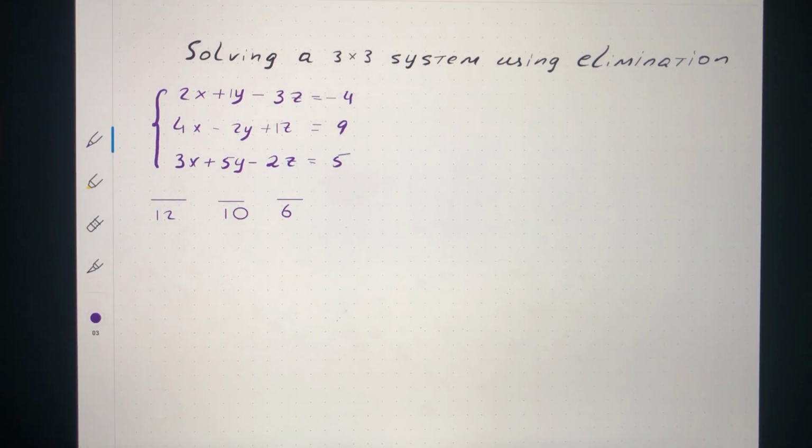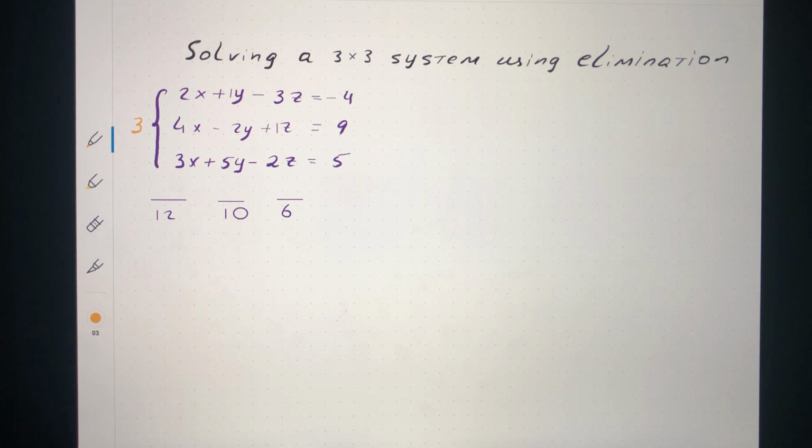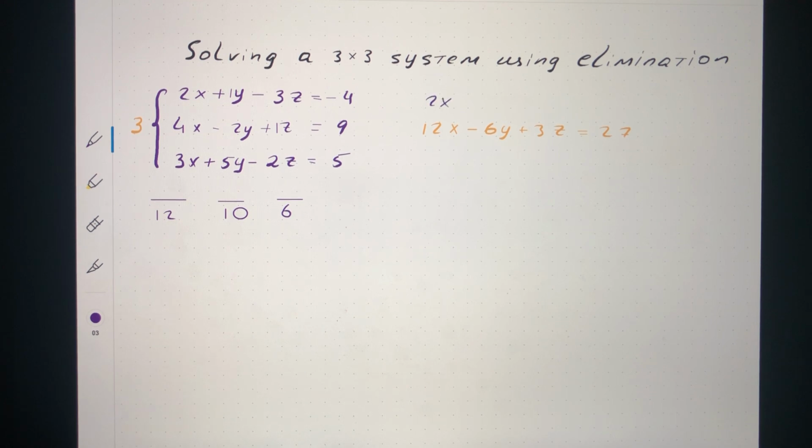So if we multiply the middle equation by 3 all the way through, we're going to get 12x minus 6y plus 3z is 27. The first equation is unchanged, so let's copy that over. 2x plus y minus 3z is -4.